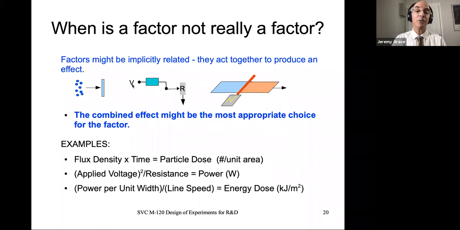Another kind of example, you might run a process with an input voltage. There might be a resistor in there that adjusts the current going through the process. And that resistance isn't so important, but you are twiddling that resistor value. But V squared over R, which is the power going through the rest of the circuit, as well as that resistor, that V squared over R, V times I here, is going to be more important to the process perhaps.